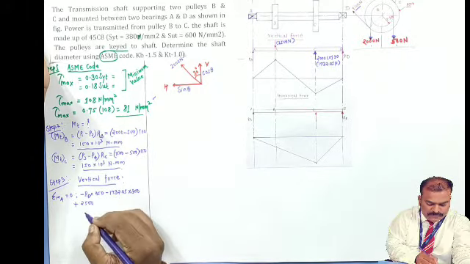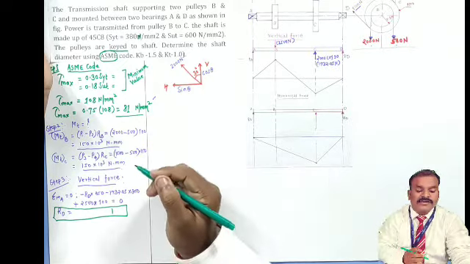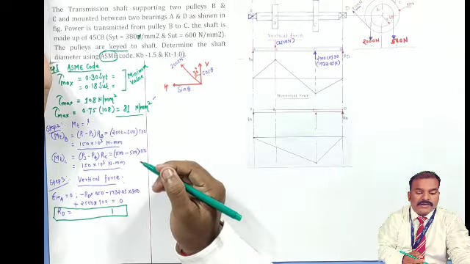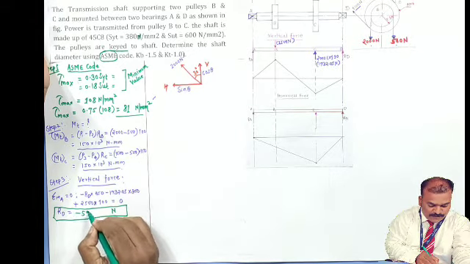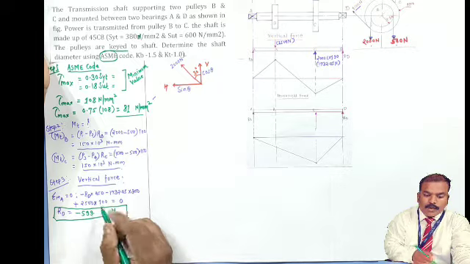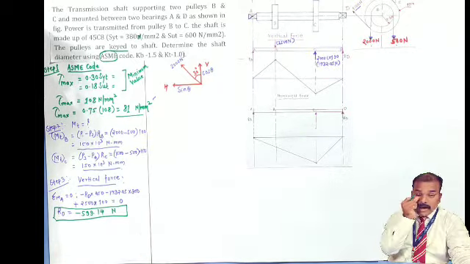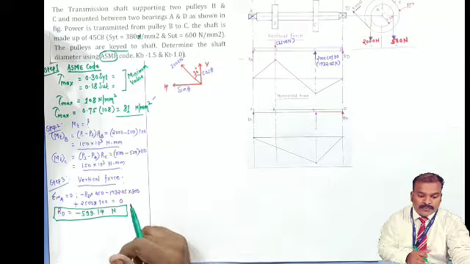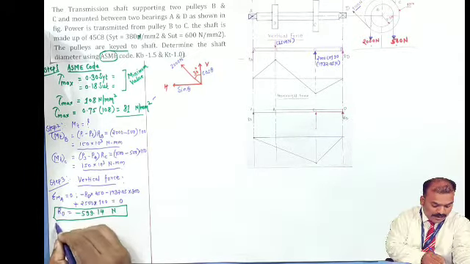So, we can calculate RD is equal to what? RD is reaction at D. So, just calculate reaction at D. You will get directly, it is in Newton and it is a negative sign, 599.14. Please check it. So this will be the RD, that is reaction at D. Once we get RD, I can calculate RA also. So how?